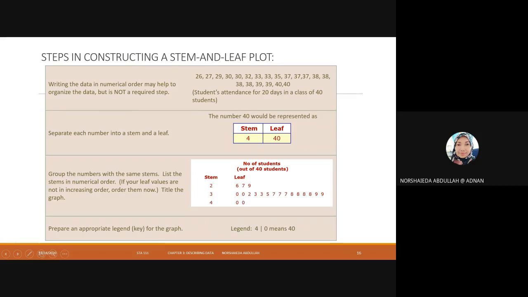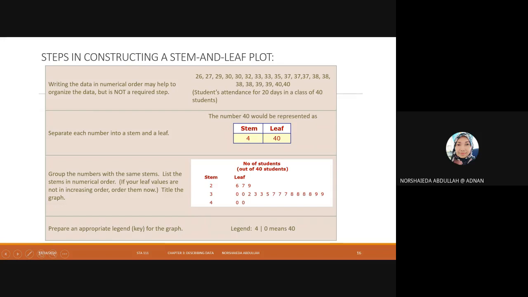Some days 26 students attend, some days 27, 29, 30, 32 and so on. There are also days when the attendance is full, all 40 students attend. So we have the data of attendance for 20 days.